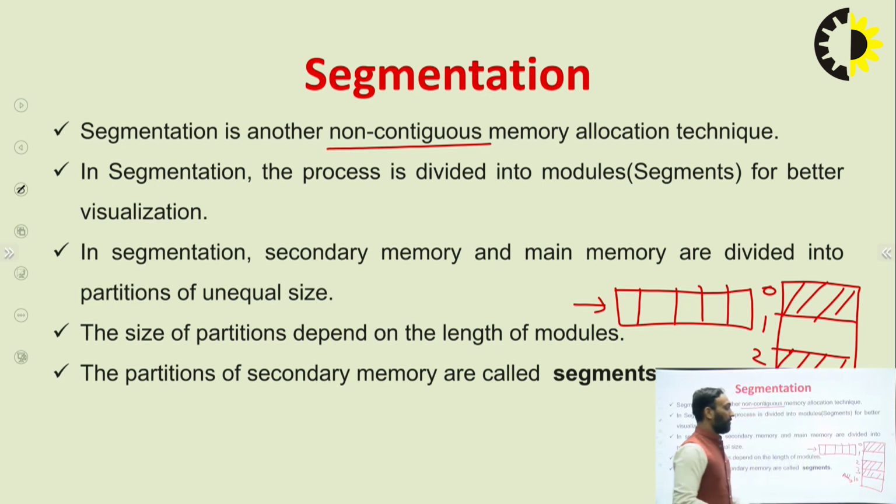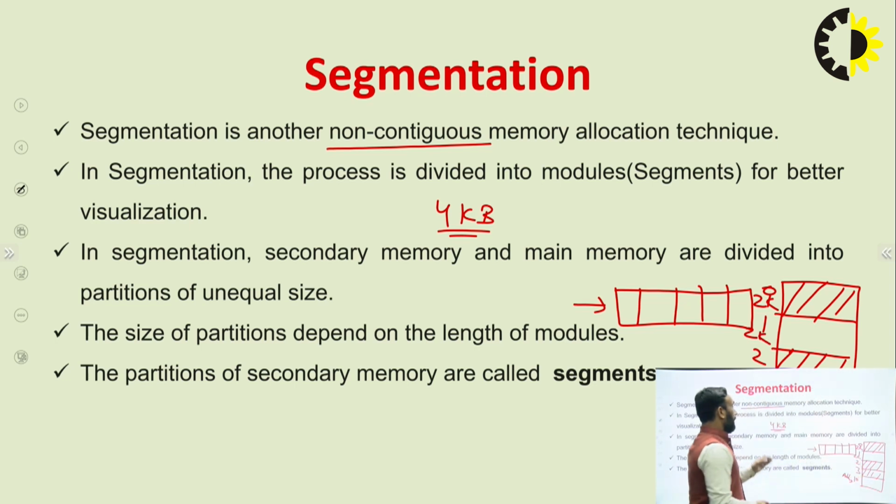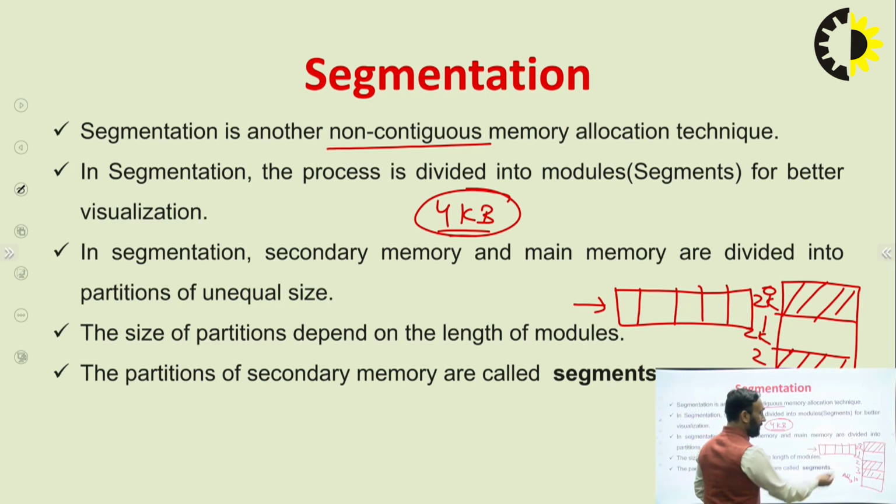And we want to store a process of, for example, 4 KB. We know that memory is generally divided into fixed-size frames of 2K each, and the size of the process is 4K. So how will we store it in main memory? As we see, there is no 4 KB block in main memory.